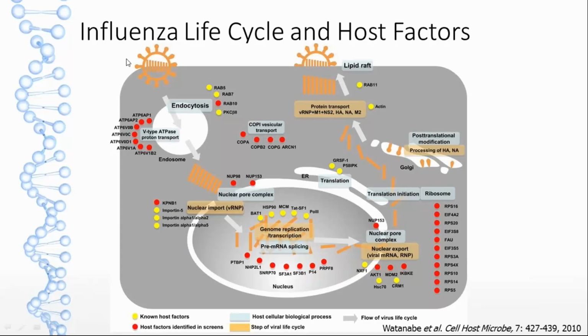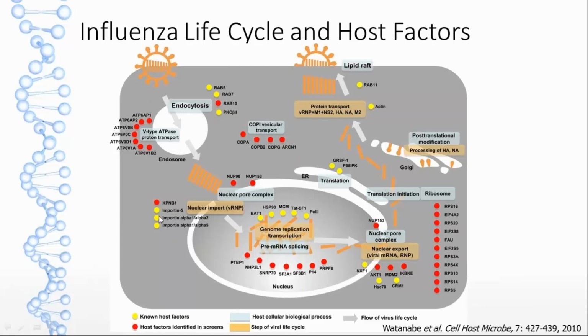What you will see is just a cartoon of a life cycle, taken from the review by Watanabe in 2010. You see that a virus can attach to the host cell and use all these different host factors.